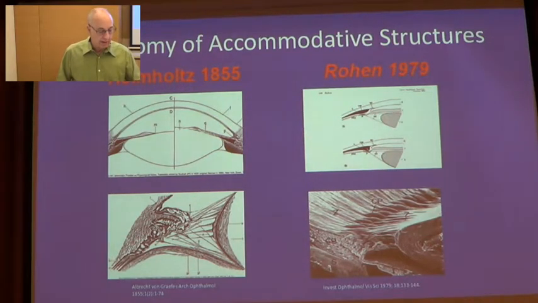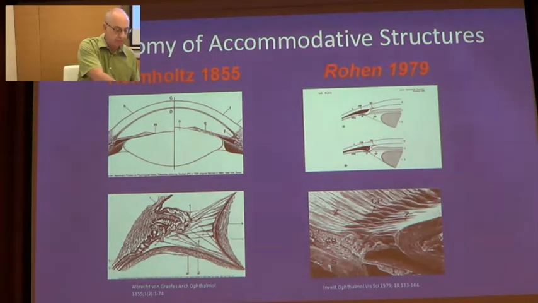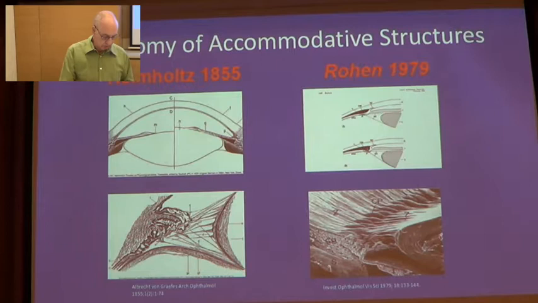Rowan's electron microscopy formed the basis for his own theory, as well as for Coleman's. But further study has revealed additional zonular elements, and this has filled in critical pieces of the puzzle of how accommodation occurs. So we need to reset our thinking because all the well-known theories are based on an incomplete knowledge of anatomy.